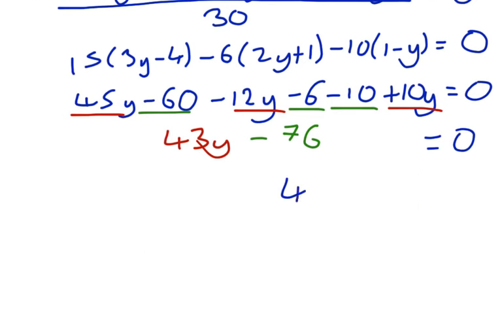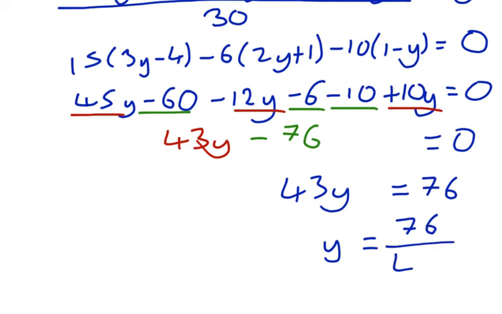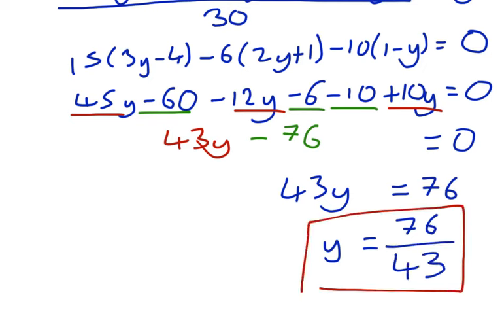So we get 43y is equal to 76, and y is equal to 76 over 43. Again, not a nice whole number, but a fraction, an improper fraction at that, but that is perfectly acceptable.